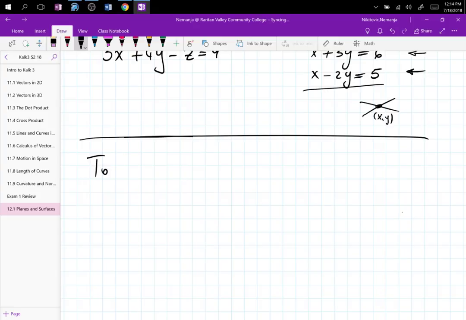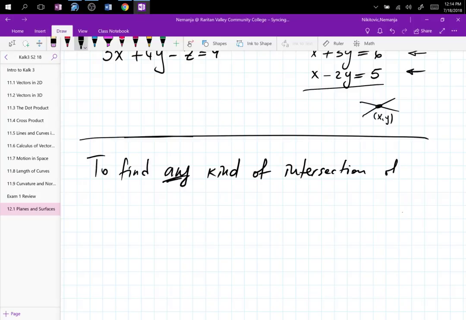So, to find any kind of intersection of two or more planes, solve the system.